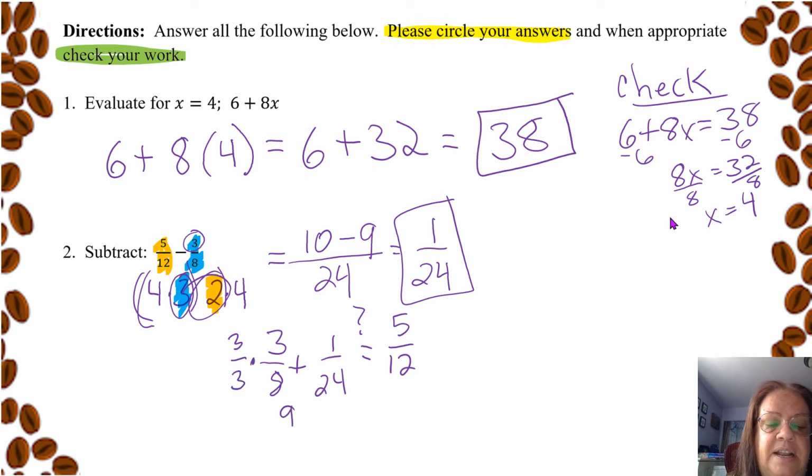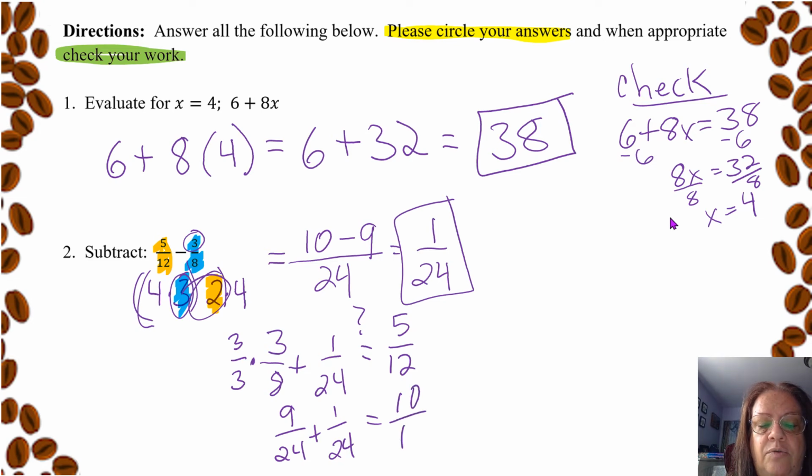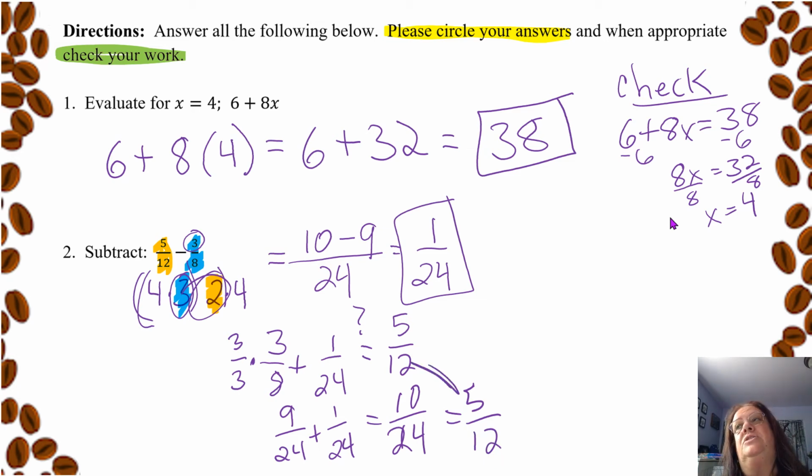That's going to give me 9 over 24 plus 1 over 24. When I add those together, I get 10 over 24. I can simplify that because they both have a 2 in them. Half of 10 is 5, half of 24 is 12, and sure enough, it matches. So yes, this is the correct answer.